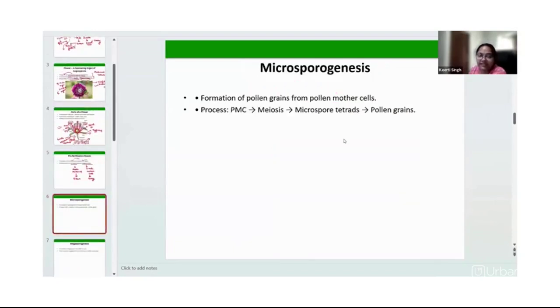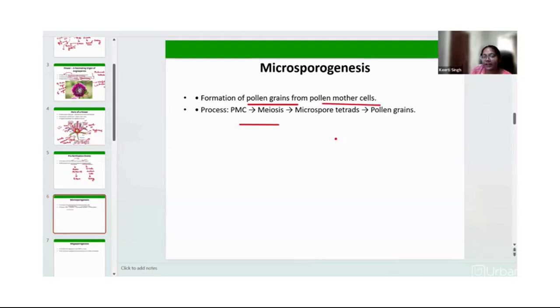Okay. See here, this is all written. This is a simple process of microsporogenesis in case of males. This microsporogenesis will lead to the formation of pollen grain from pollen mother cell.